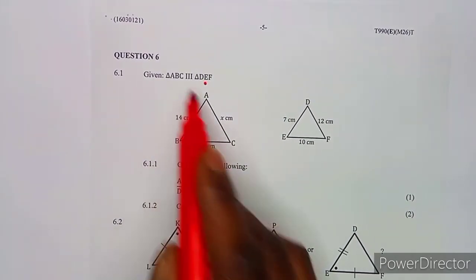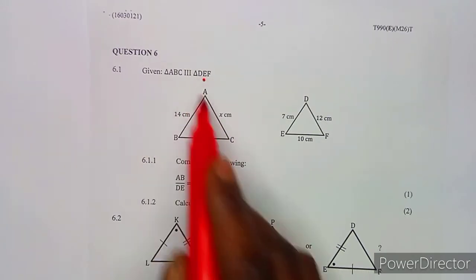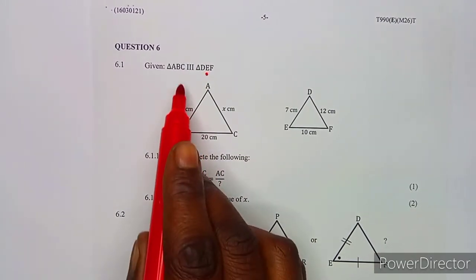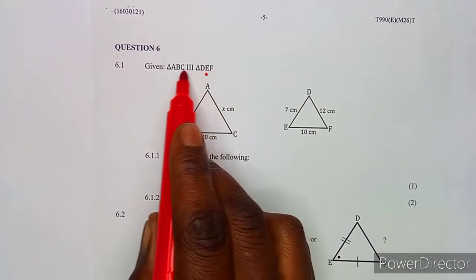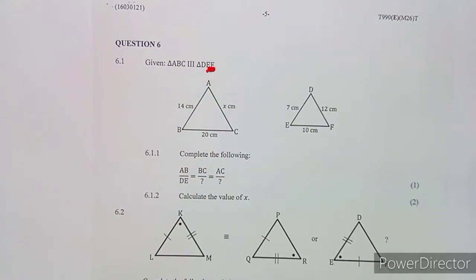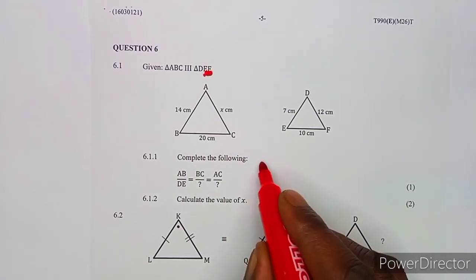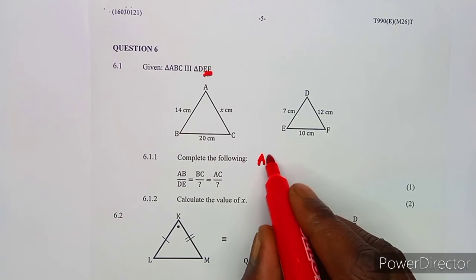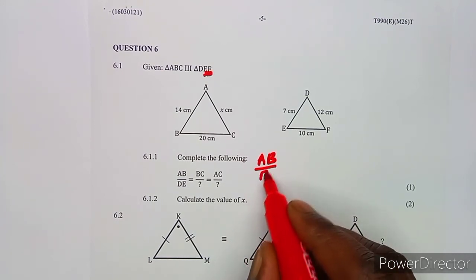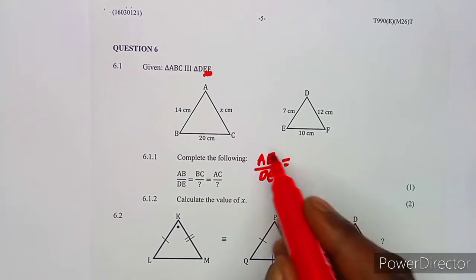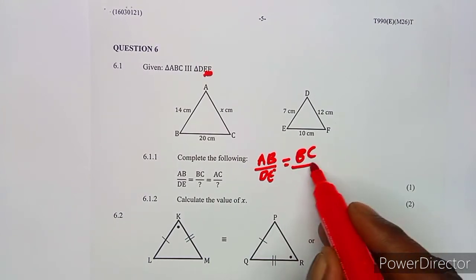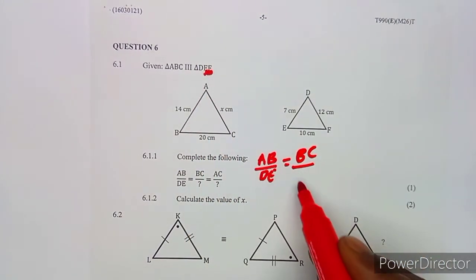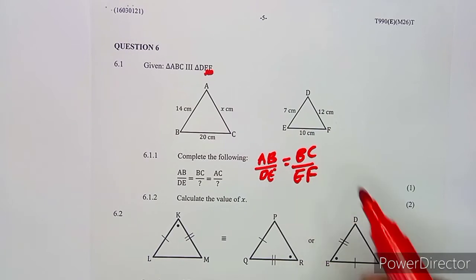So you are going to take AB over DE, and BC over EF, which corresponds with EF. So it's going to be AB over DE, which is equal to BC over EF.